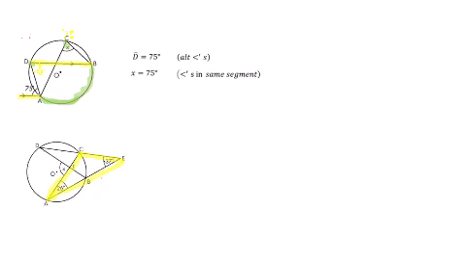So we can say 180 minus 26 plus 37, and that will give you the angle C, which is equal to 117 degrees. So this is the angle.